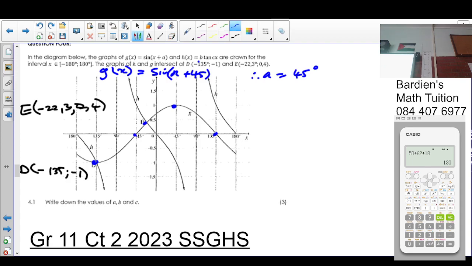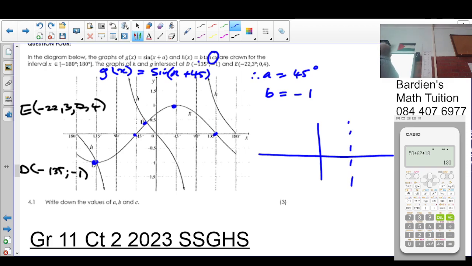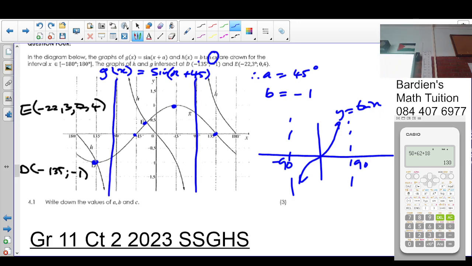That means your b value is going to be negative 1. The c affects the period of the graph. If I look at the basic tan graph, y is equal to tan x, this is normally 90 and minus 90, which makes a period of 180. If I look at the asymptote, here's an asymptote and there's an asymptote.